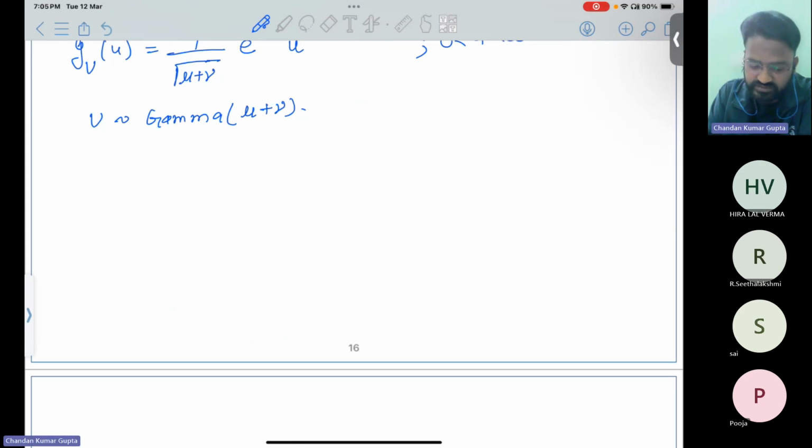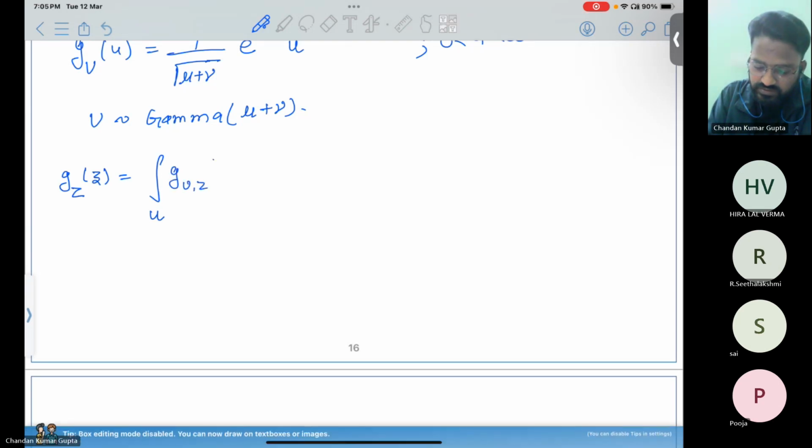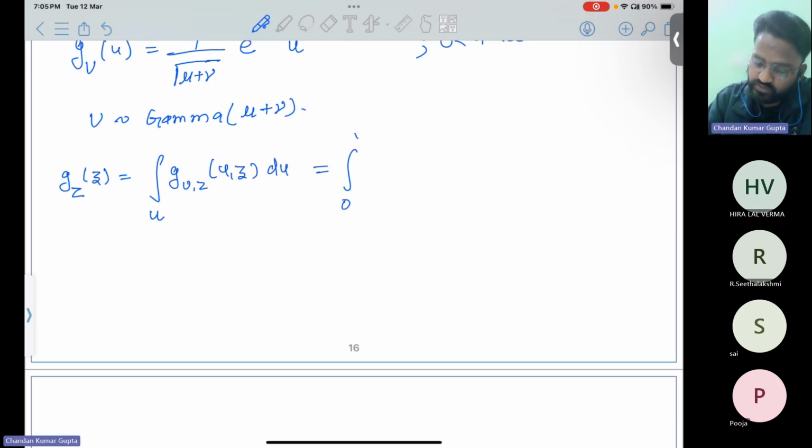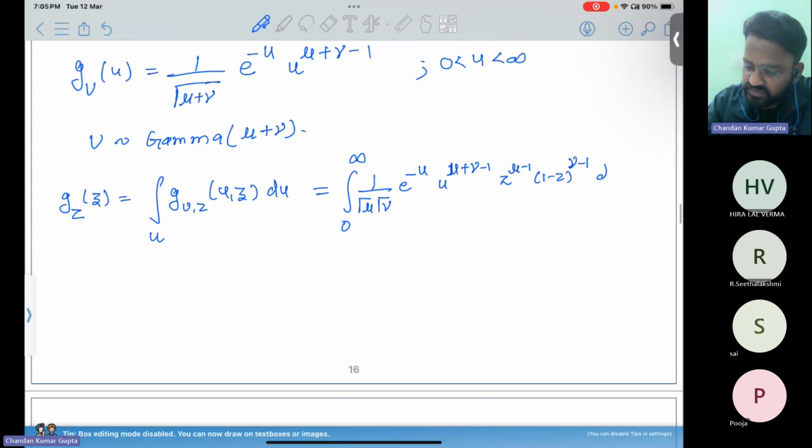Now we will consider u, in a similar manner: from 0 to infinity, 1 upon gamma mu gamma nu, e to the power minus u, u to the power mu plus nu minus 1, z to the power mu minus 1, 1 minus z to the power nu minus 1, du.